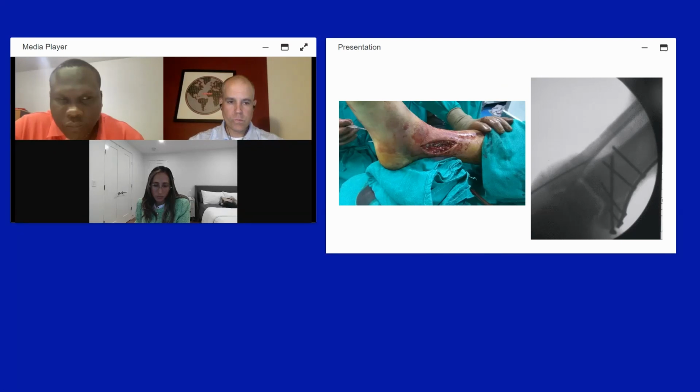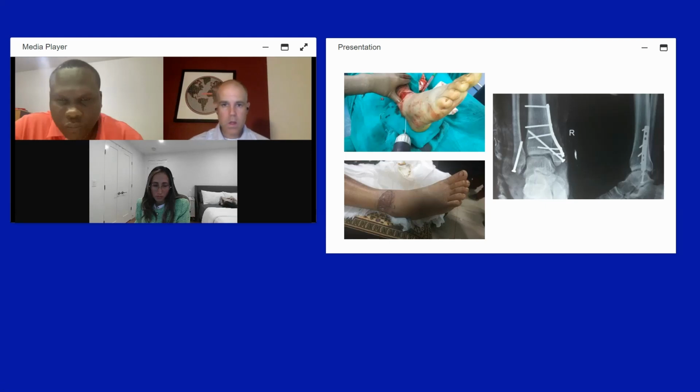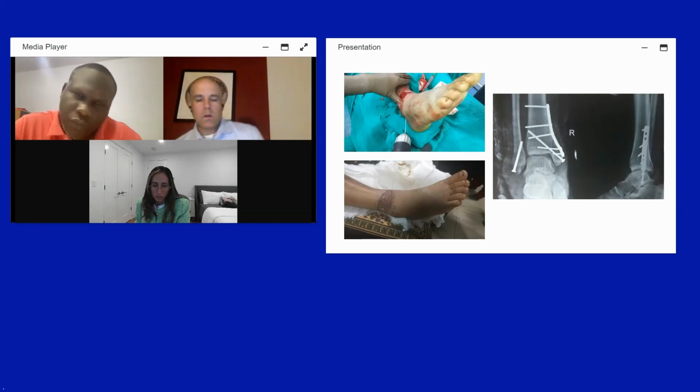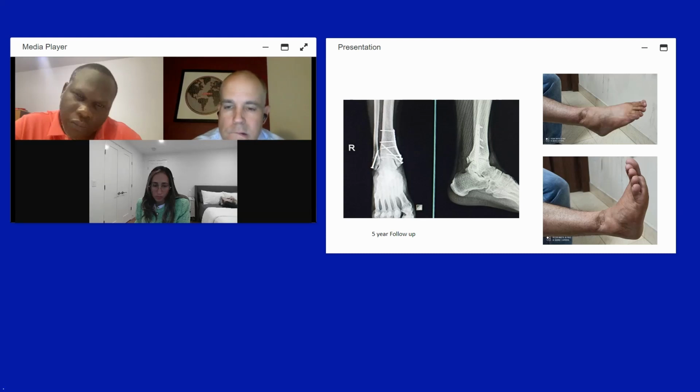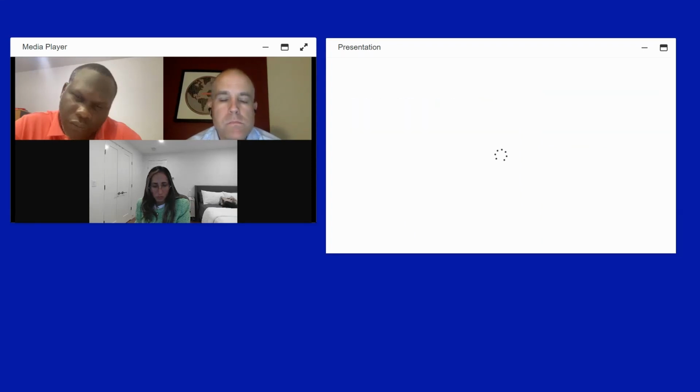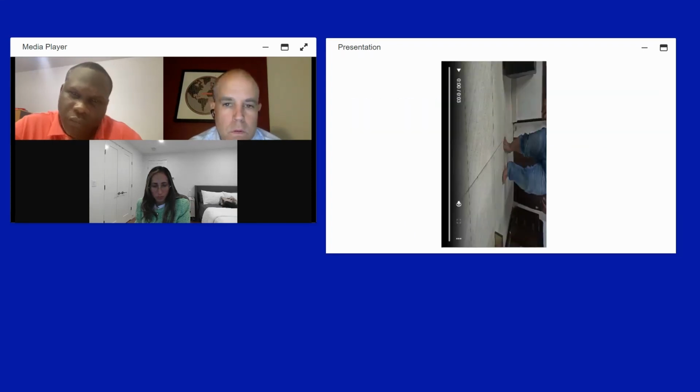We were happy, and we went on the medial side, gave a separate incision to handle the medial malleolus, and then working through the wound, we did a percutaneous fixation of the lateral malleolus and used a skin graft for that wound. This is what we could get. You see, the graft has been taken up, and this is the range of movements we could get in that patient very easily.